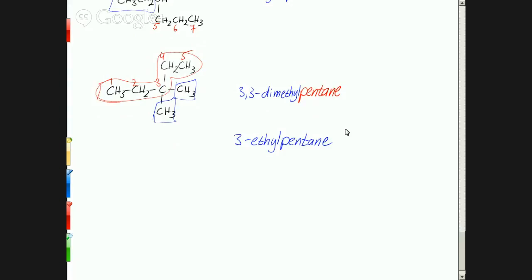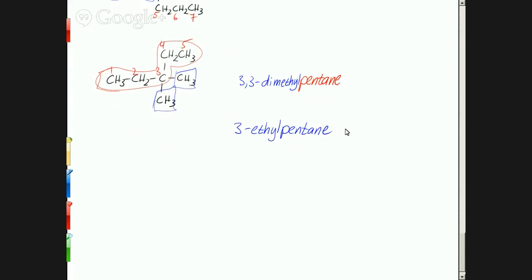Can't figure out how to do the two remaining hydrogens. That's what I'm saying. The hydrogens? Yeah. Where? Well, I think it's with carbons.